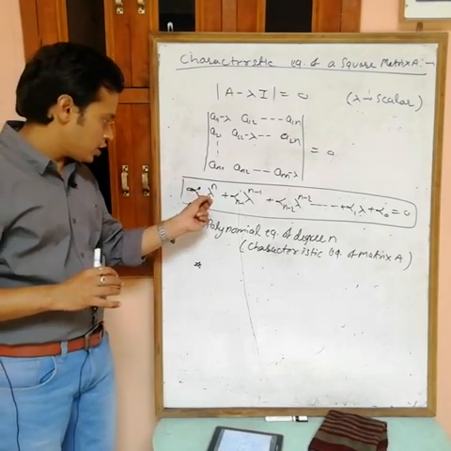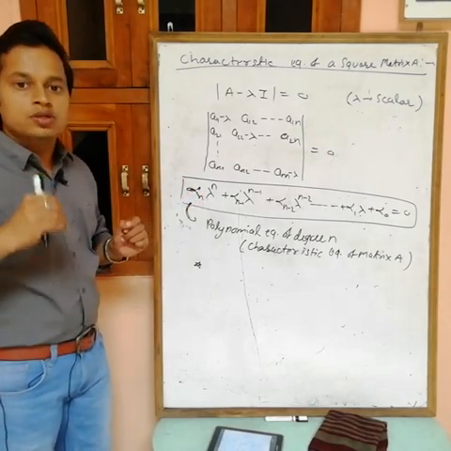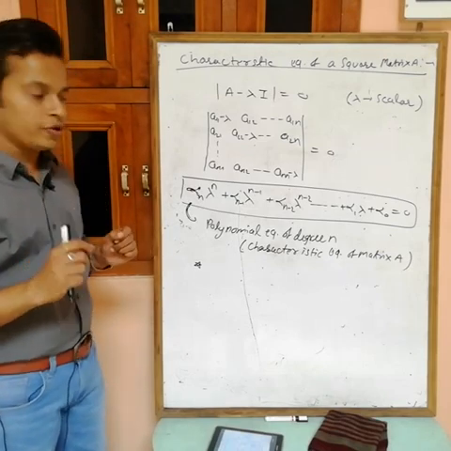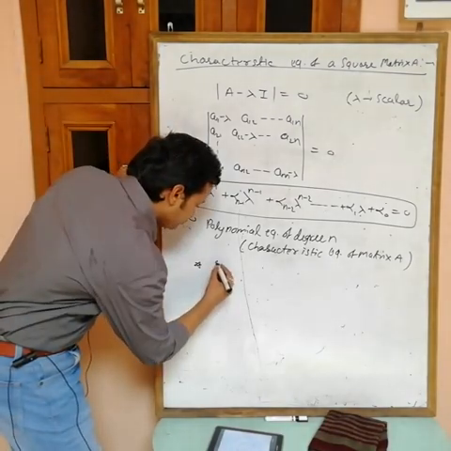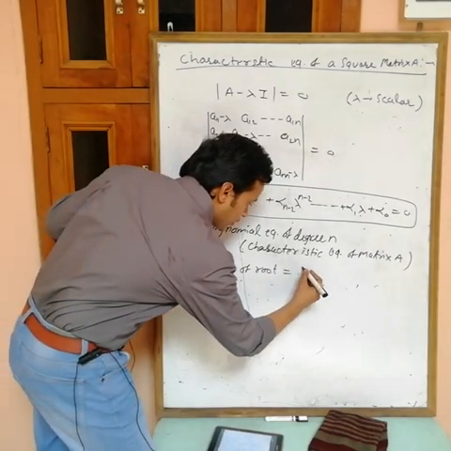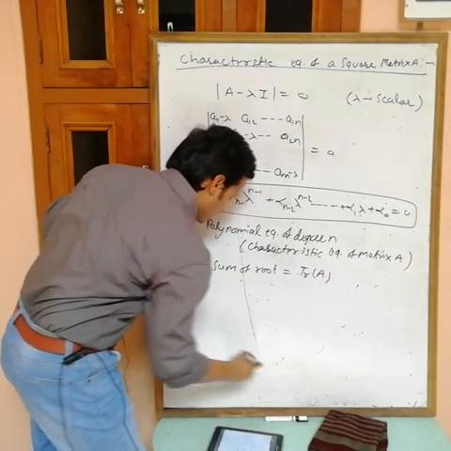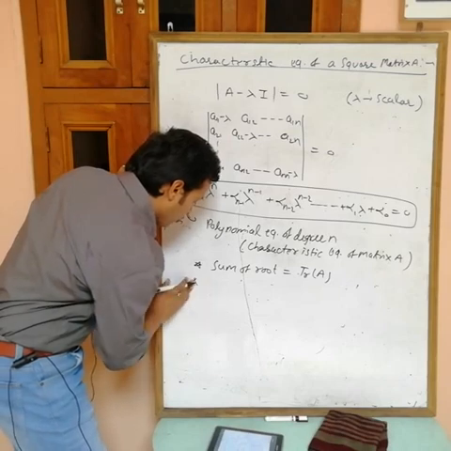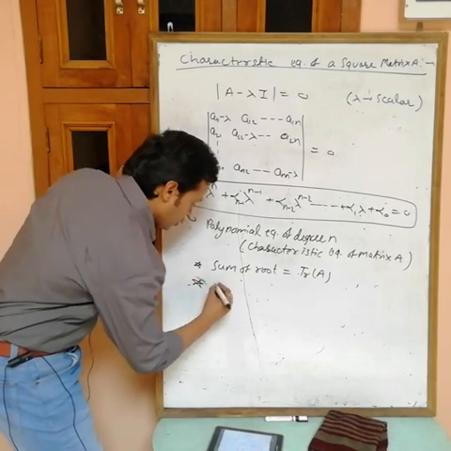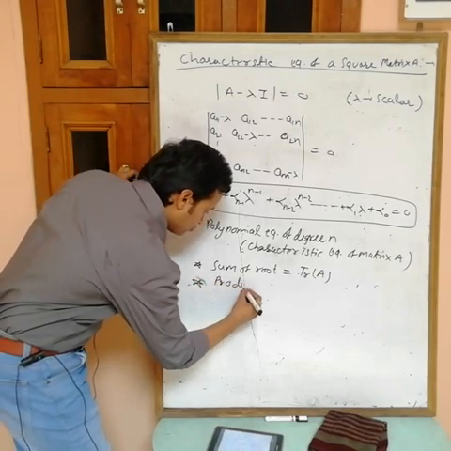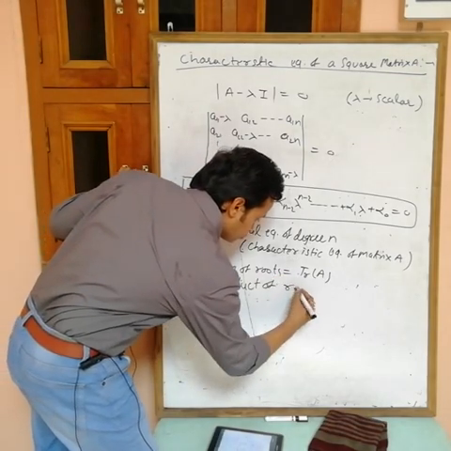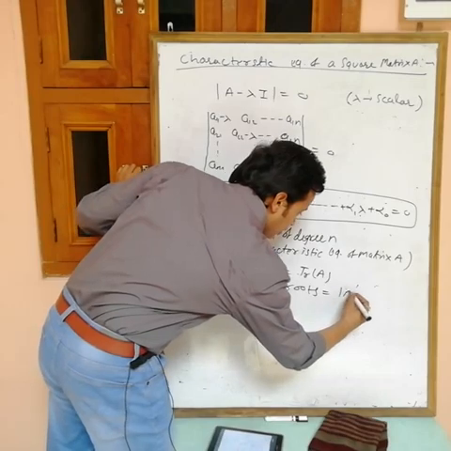In this characteristic equation, the sum of roots represents the trace of matrix A, and the product of roots represents the determinant of A.